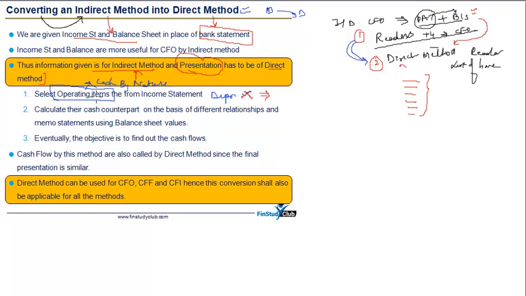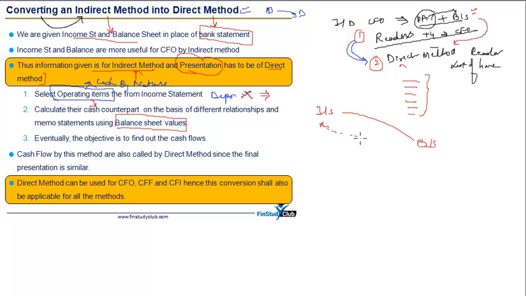Once you have selected all the cash by nature operating items from the income statement, I am going to calculate and convert their cash counterpart on the basis of different relationships from the balance sheet values. There is an income statement and there is a balance sheet. There is an item called X here.